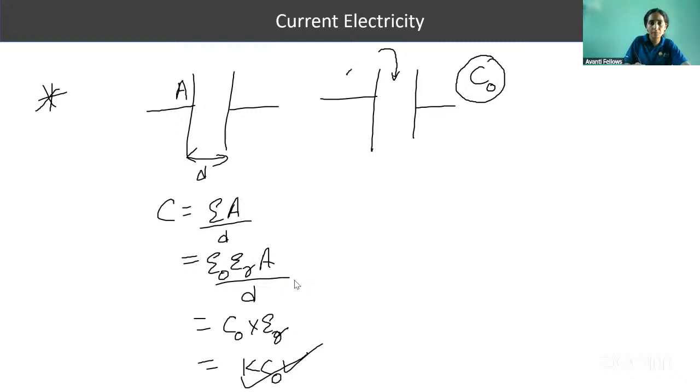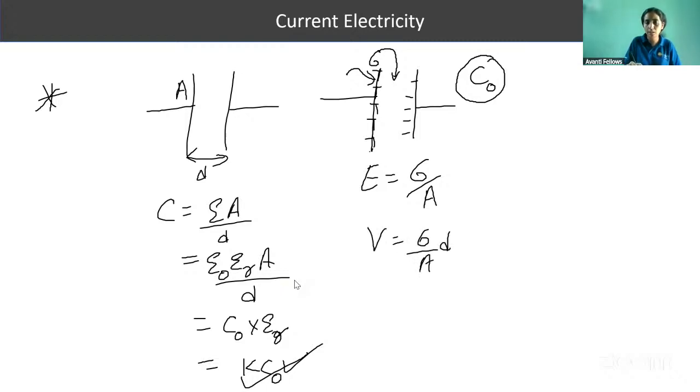Here, if the charge density on the plate is sigma, then the electric field between the plates of the capacitor is written as sigma by A. Okay? And the potential difference will be sigma by A into D. What is the force acting between these two plates?